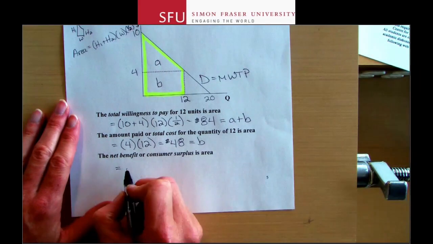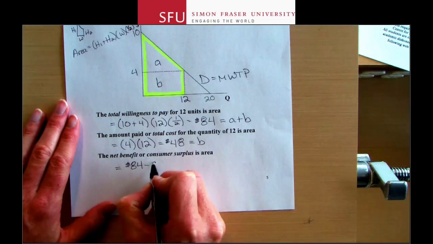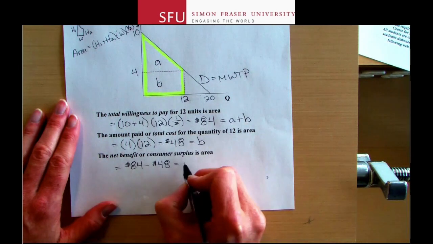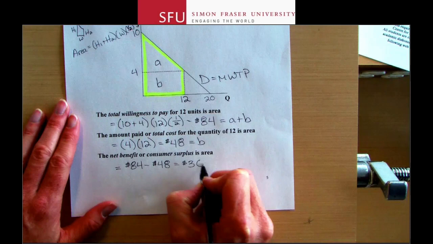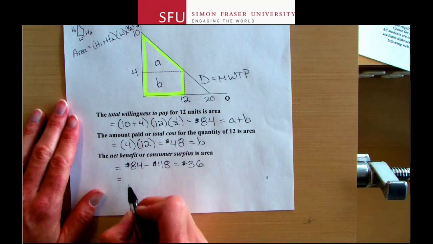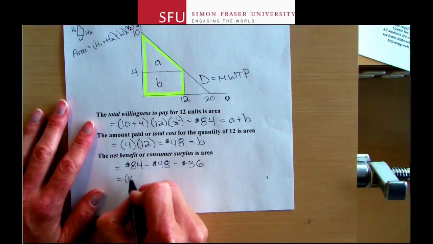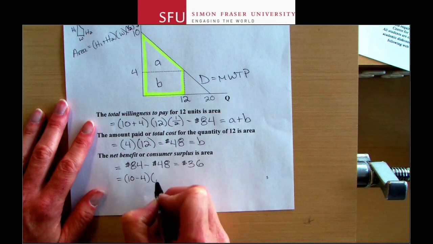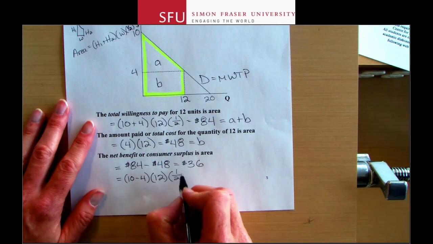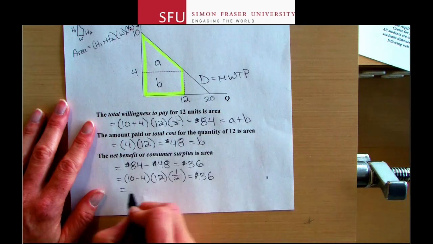Okay, so it's area A, so you can take 84 minus 48. Or use the formula for a triangle. So the height of the triangle would be 10 minus 4, and then times the width of 12 times a half. And then, of course, that's the same answer. Okay, so that's area A.